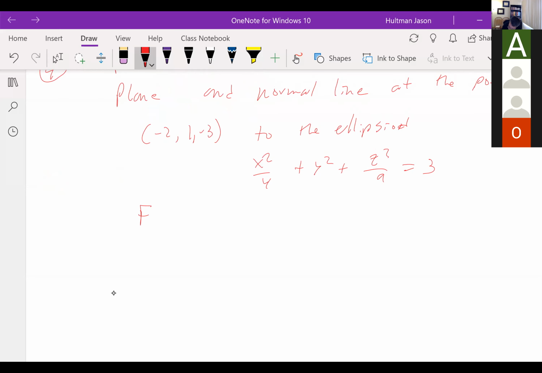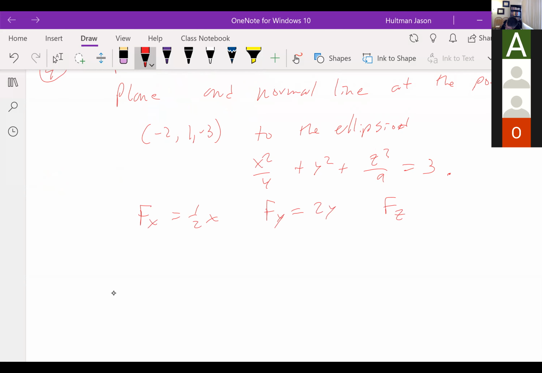So f sub x equals 1/2 x, right? Does that make sense? The partial derivative with respect to x is 2x over 4, so 1/2 x. What's the partial derivative of y? Well, that's 2y. What's the partial derivative of z?